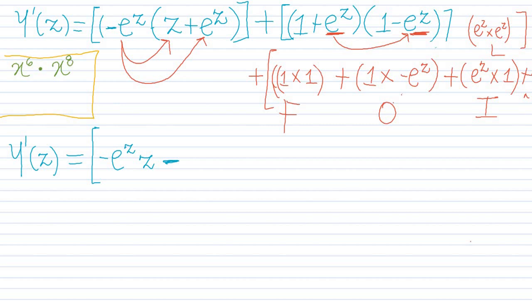What are you going to do? Well, both of them have the same base, right? The same base is x. So you end up with x, and then you just add up the two powers. So that will be 6 plus 8, and the answer becomes x raised to power 14. So that's the same thing. Oh, sorry, trying to get an eraser.